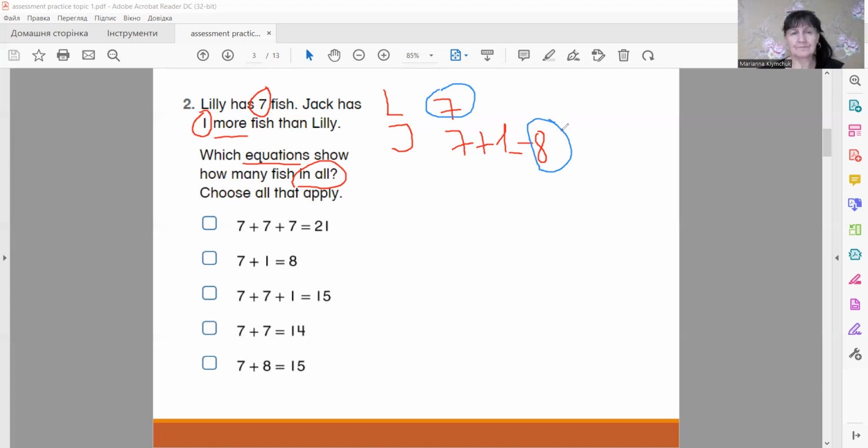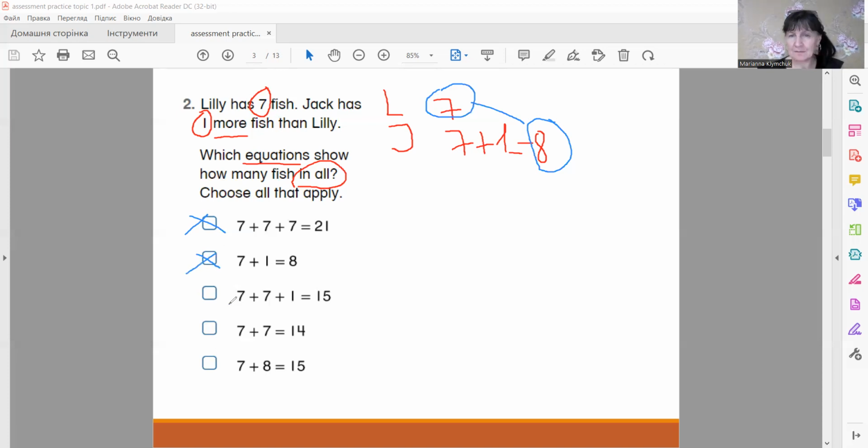Now in all, let's check. 7 plus 7 plus 7 equals 21. No, because we have 7 and 8. It's not 21. So this is not good. 7 plus 1 equals 8. Okay? You may think that this is okay, but this is not. This is about Jack. But we need Jack and Lily together, so this is not good.